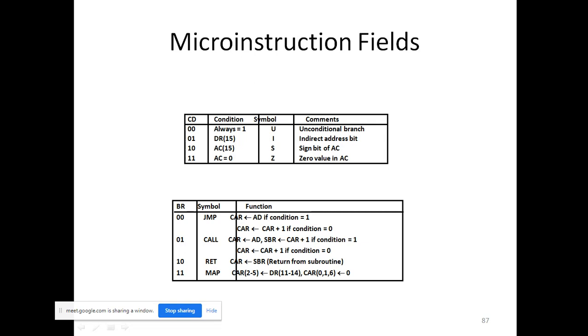Suppose 00 means it is an unconditional branch, and 10 means sign bit. When it is unconditional, there is no if condition for this one. Suppose when it is in 1 condition, it means the result is 0. At that time that indicates the condition of these status bits.